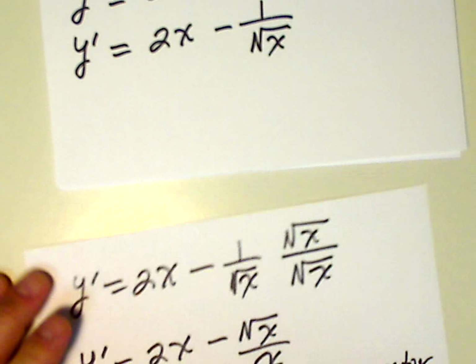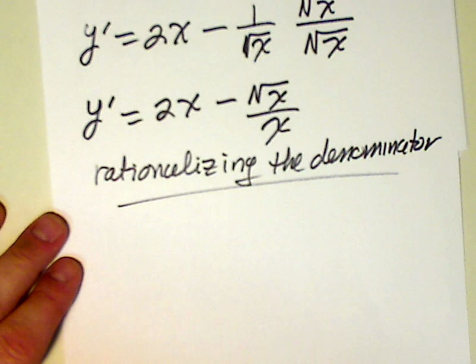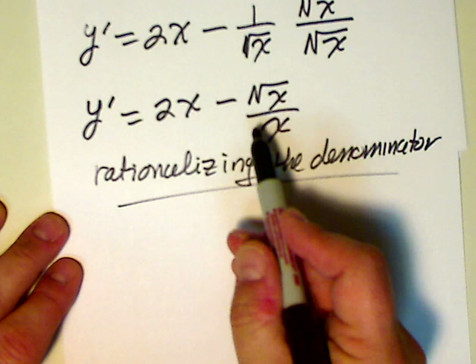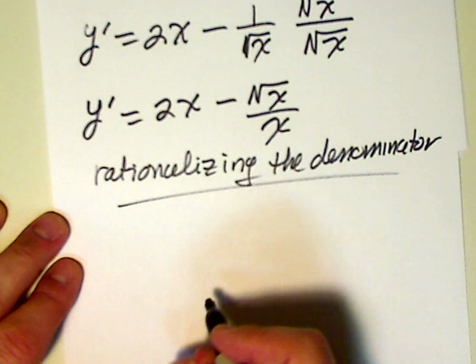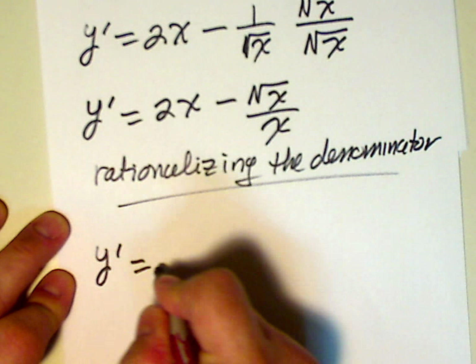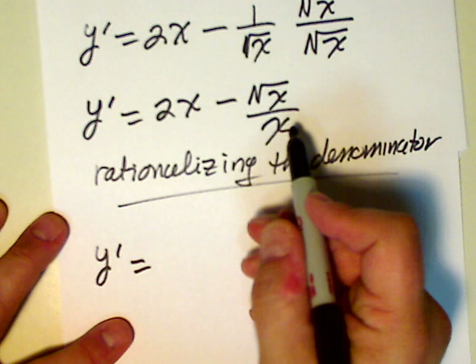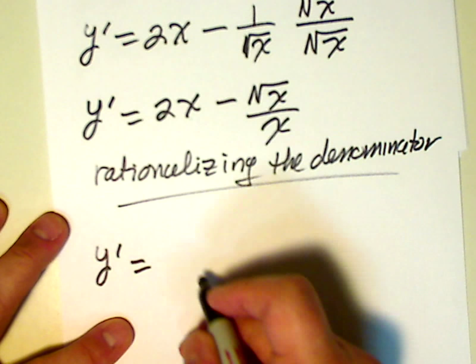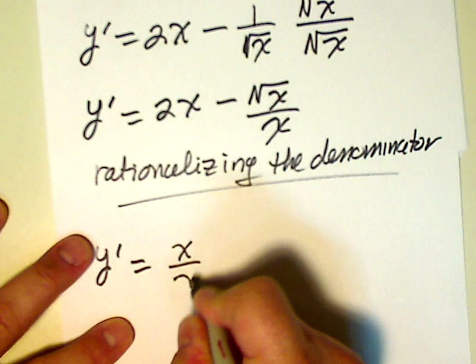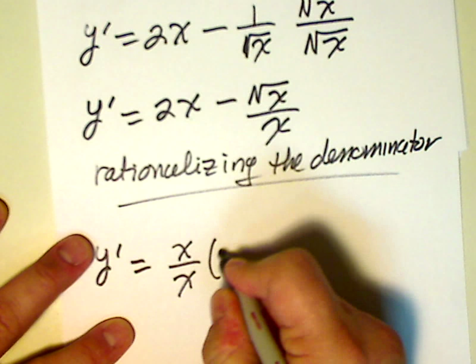And if we wanted to, we could also bring this all into one fraction. So we could also do this. Y prime is equal to, well, we now have a denominator of x, so let's multiply 2x by x over x, which is also equal to 1.